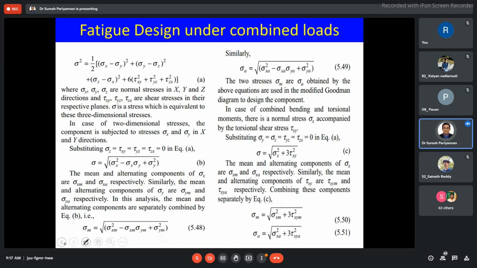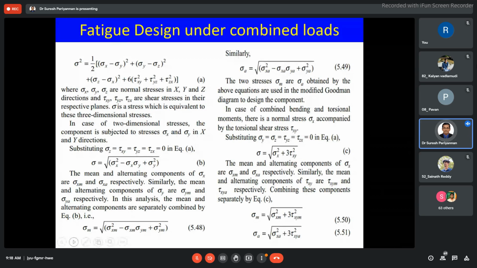Now come to fatigue design under combined loads. This is one of the interesting ones. Combined load is nothing but axial or bending together with torsion.